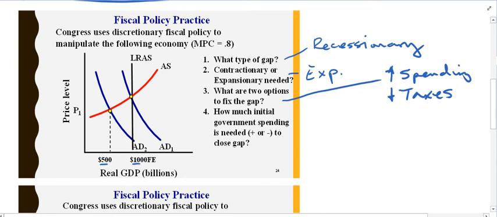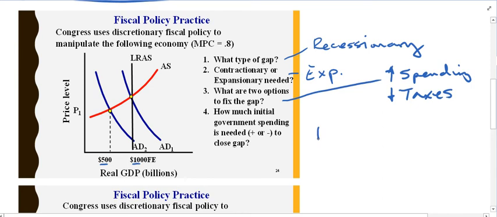So how much initial government spending? Now, you are smart now, and you know, well, hey, hold on here a second. There's a $500 billion gap. So we'll just say 500. I know that the marginal propensity to consume is 0.8. So I know that the marginal propensity to save is 0.2.